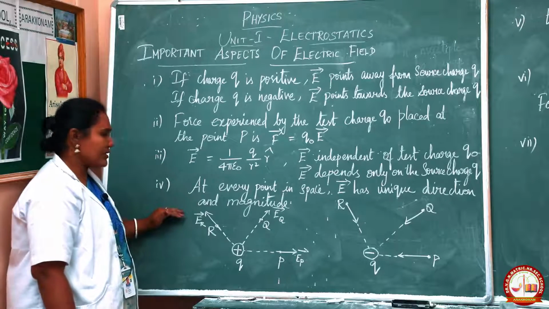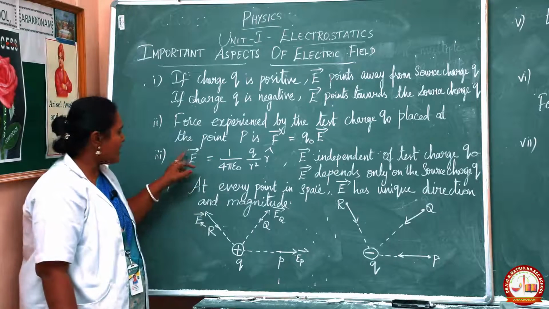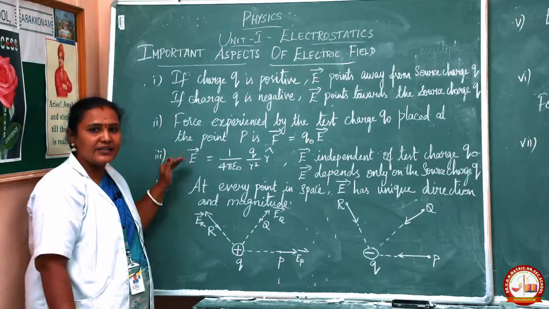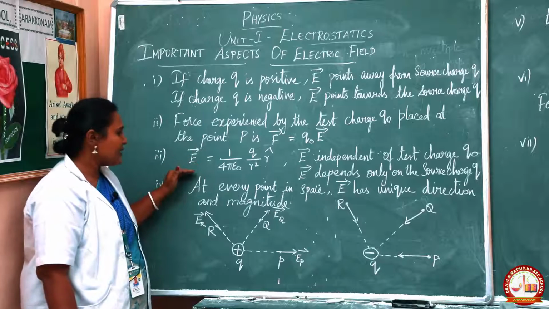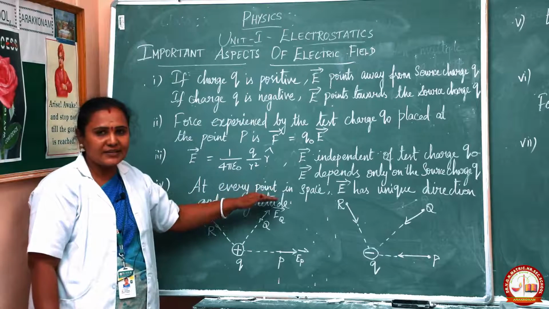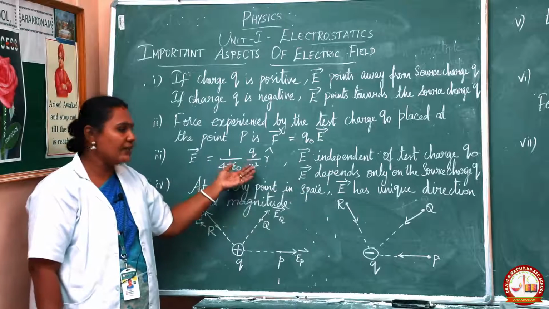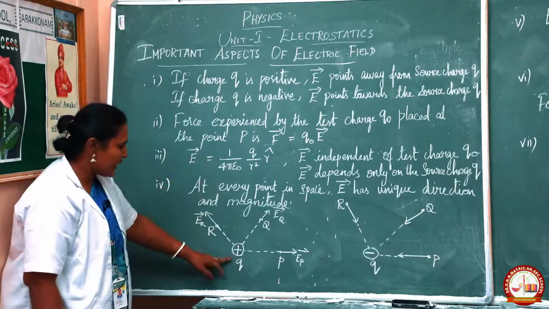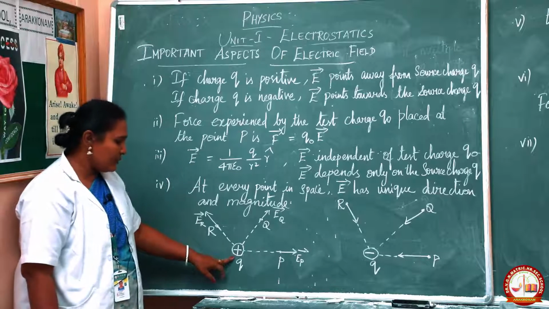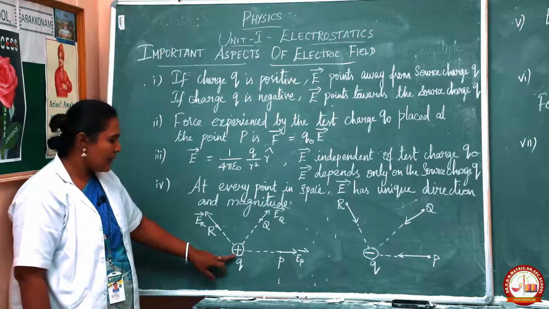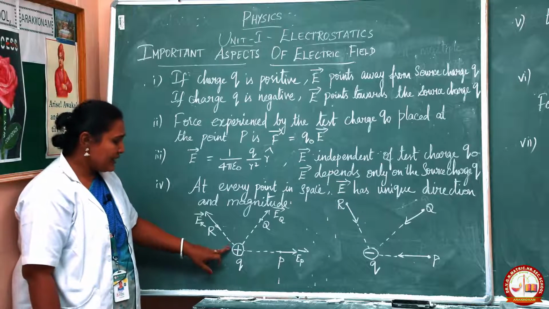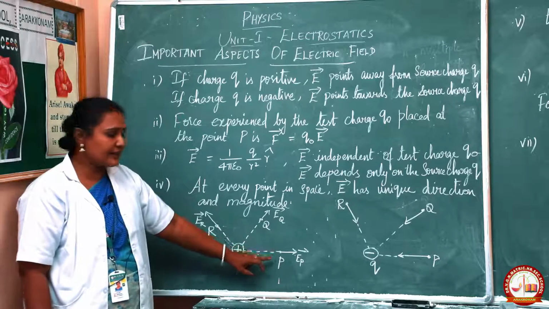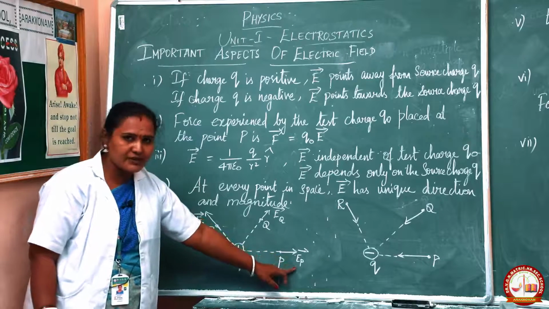Then the fourth point. Just now we have seen this expression with the vector symbol, and it denotes that electric field is a vector quantity. So at every point in space, the electric field has a unique magnitude and direction. You can see one diagram here. I have shown the diagram for the positive charge plus Q. Here we are considering 3 points, and the corresponding electric fields are denoted at those points.